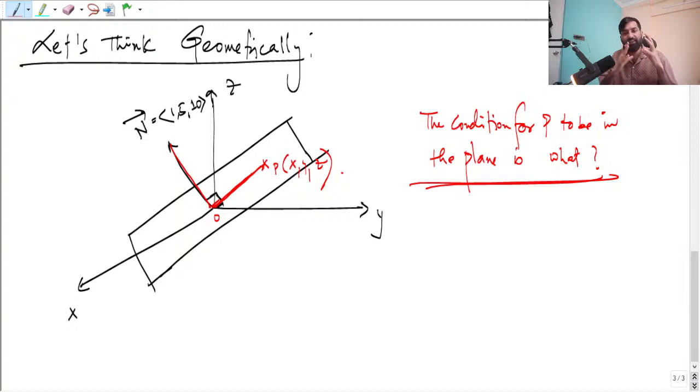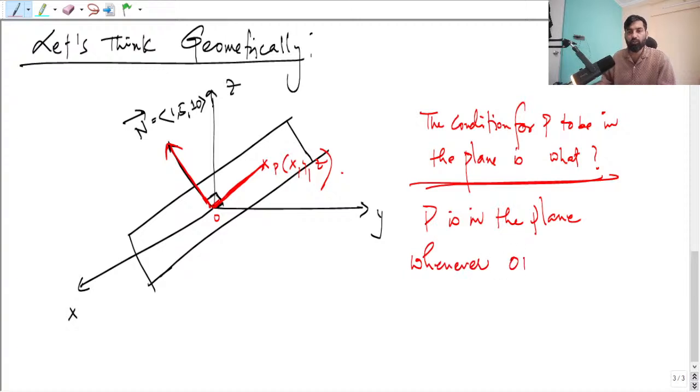So P is in the plane whenever this OP, this distance vector, and this normal vector have a dot product of 0. P is in the plane whenever OP dot N is 0. It's a very important point. I think many of us do not realize it.